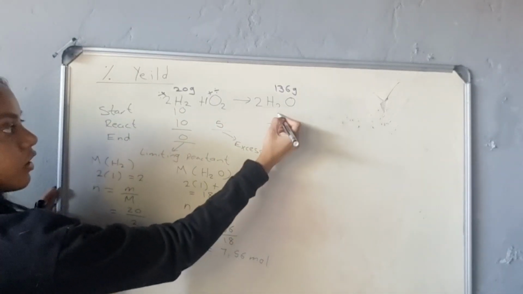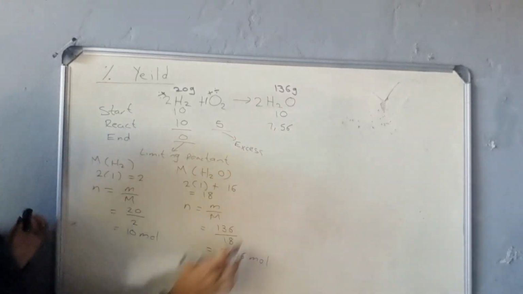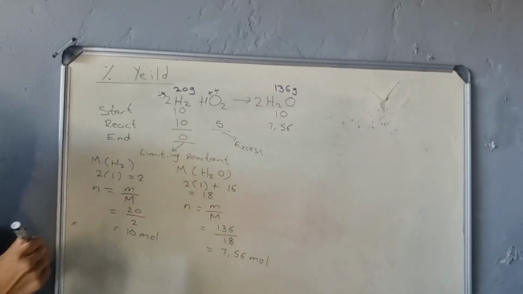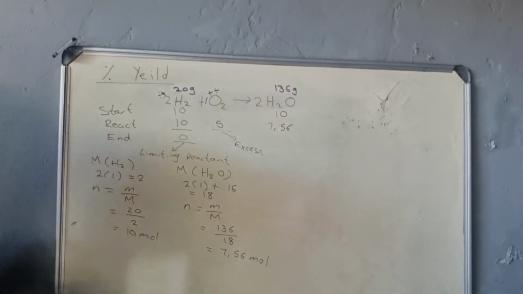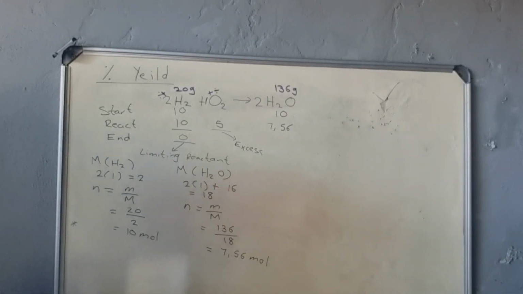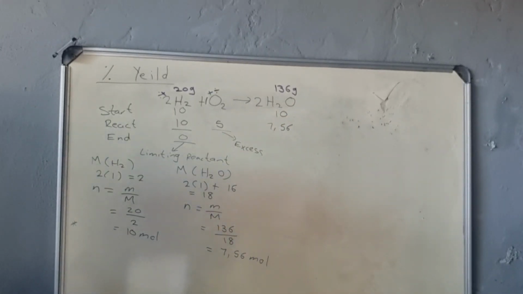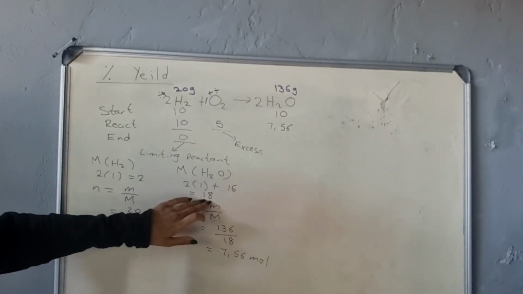So we're starting off with 10 over here, and I moved that down. The reacting was 7.56. Now we can easily find the mass of the H2O gas. First, we'll need to find the molar mass of H2O. So we have that as 18.